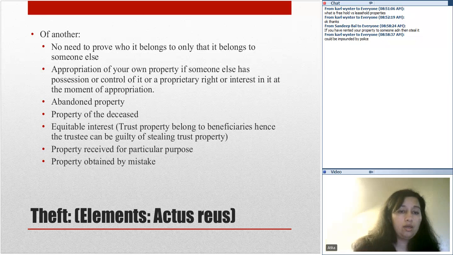Abandoned property. Like I said, property is very rarely completely without owner. If it's abandoned property, it doesn't belong to anyone, and it cannot be stolen. How is property abandoned? How do you think property can be completely abandoned?